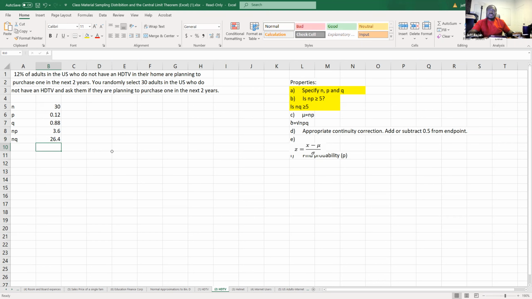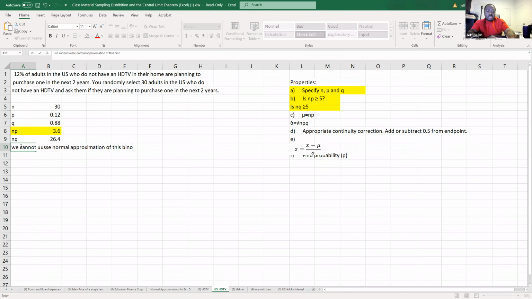Now, is there anything wrong here? N times P is less than 5. Yes. So we cannot use normal approximation of this binomial distribution, since the mean is less than 5.